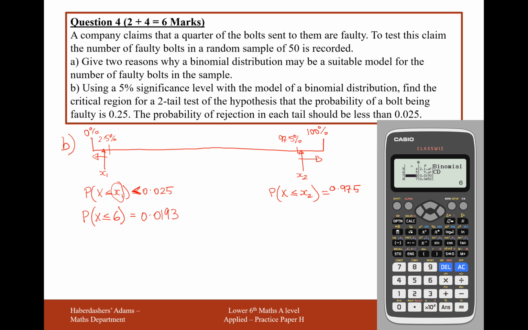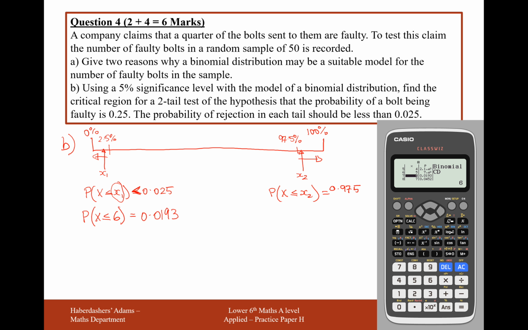So about 1.9%. That's highly unlikely. If any number between 0 and 6 bolts came out to be faulty, that's really unlikely, and the probability of a faulty bolt would probably be lower.